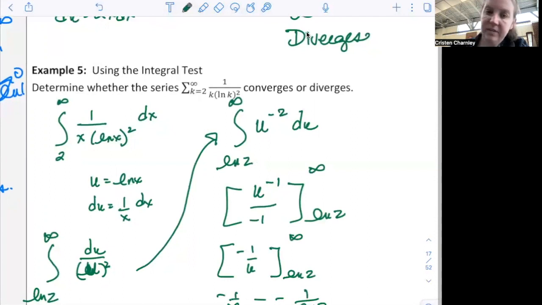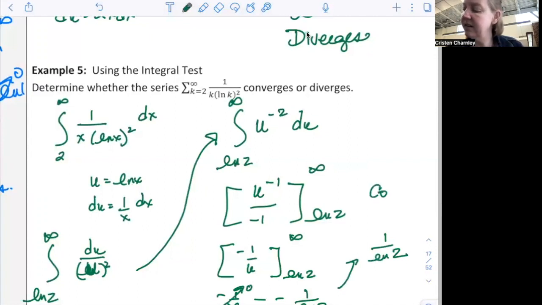So 1 over infinity, we know is 0. Positive, positive. So this becomes 1 over natural log of 2. And because that exists, because there's an answer to the integral problem, we can say that the original series converges. And again, you can't tell me what the sum is. I'm not asking for the sum, but I just want to know, does it converge or diverge? And so it converges.